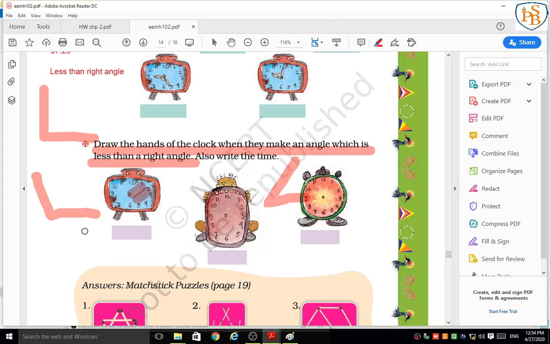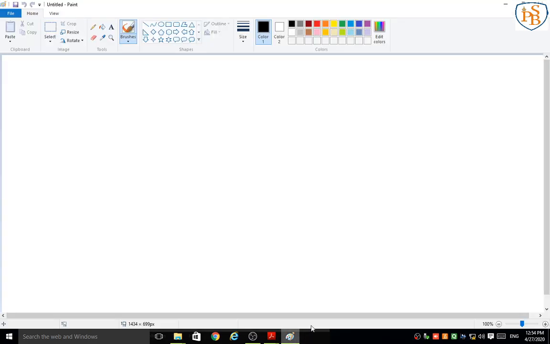Then your angle will look like this. Your number 1 is here and 2 over here. I will show you by using a pen. Okay. If you want, then your angle will look like this.